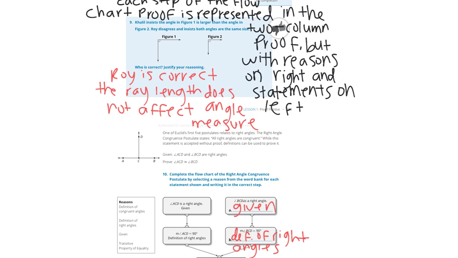All right, number 9, Khalil insists the angle in figure 1 is larger than the angle in figure 2. Roy disagrees and insists that both angles are the same size. As you can tell, they're both right angles. However, remember that a ray looks something like this. This is a ray, right?